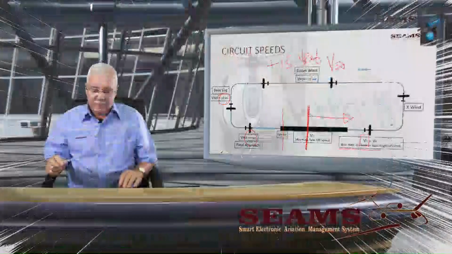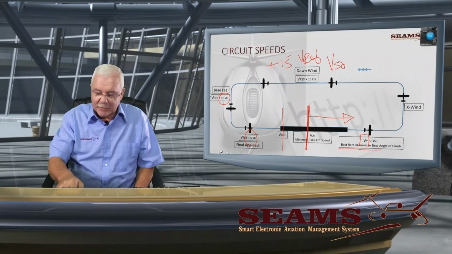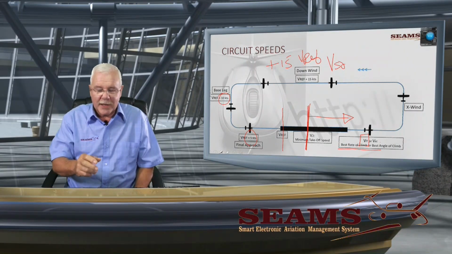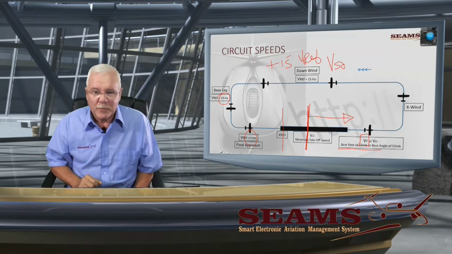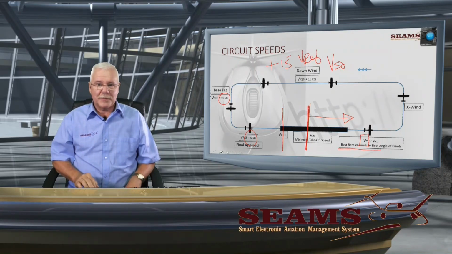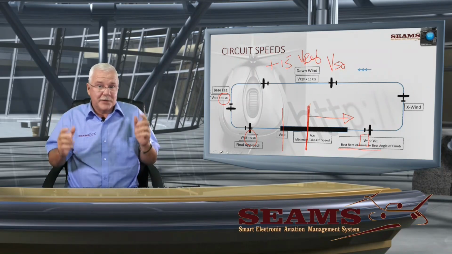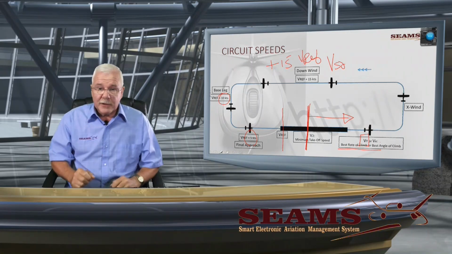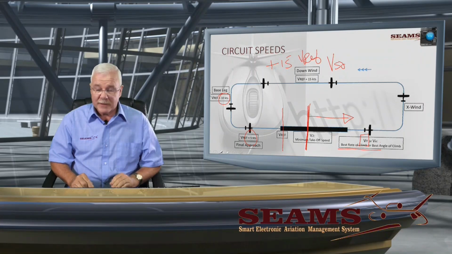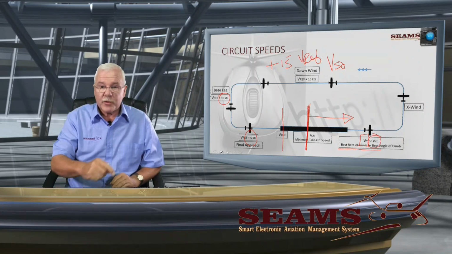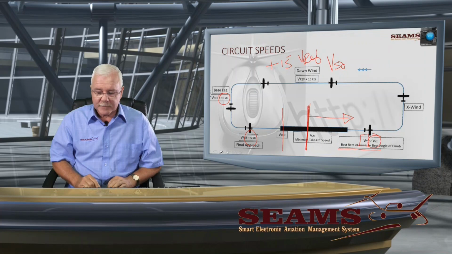Just note that Vx is used if required. Normally in a touch and go, we don't do a best angle of climb unless it's very needed. Best angle of climb is needed if you're going to fly in short strips, so you better be able to apply Vx as well.